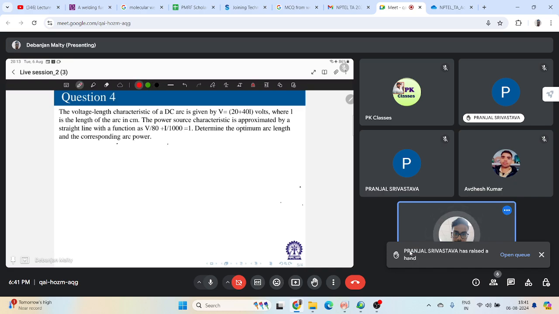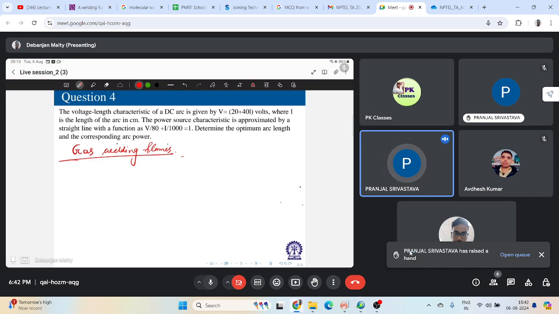So, what are different gas welding flames? Carbonizing flame, oxidizing flame, and neutral flame. Great. So you have neutral flame.